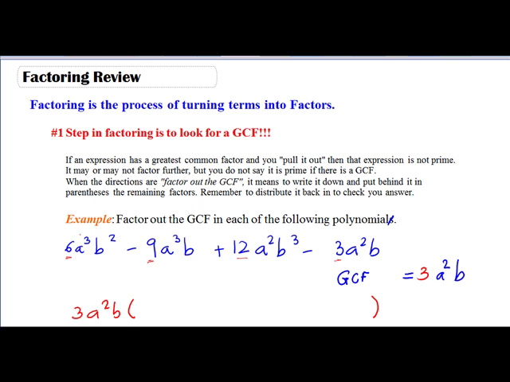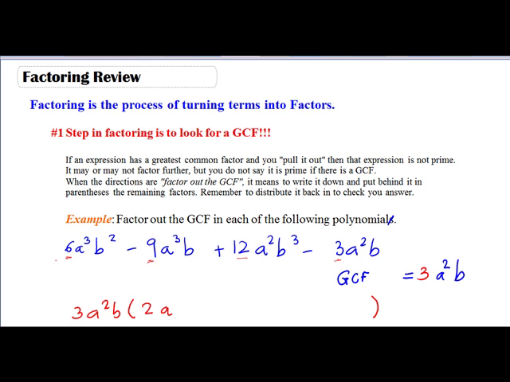This is how you do it. You go back to the first term. Before, you have 6, you pull out 3, so therefore you have 2 left, because 2 times 3 is 6. Before you have A to the cube, but you pull out A squared, you have 1A left, because A squared times A is A to the cube.